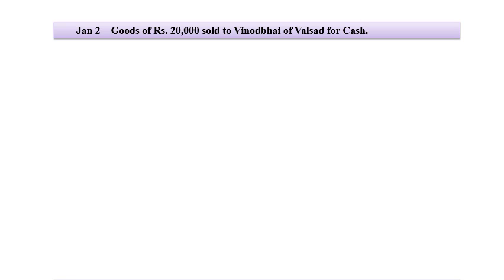So Arvind Bhai is selling to Vinod Bhai of Valsad, and Arvind Bhai is in Ahmedabad. So both the places are located in Gujarat, and here it is clearly mentioned that it is sold for cash.